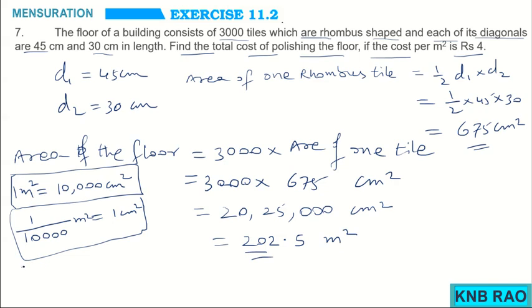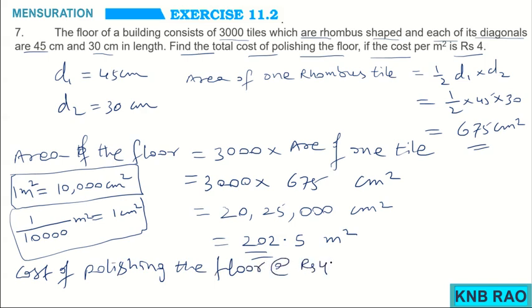Now the cost of polishing that floor at rupees 4 per meter square will be: for 1 meter square rupees 4, so for 202.5 meter square it is to be multiplied by 4.